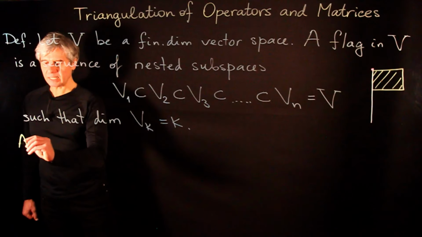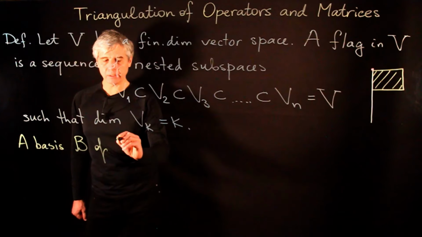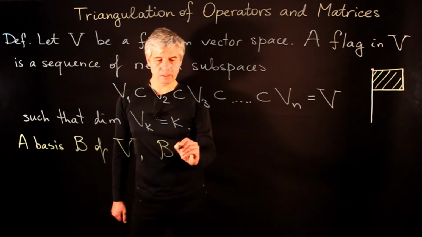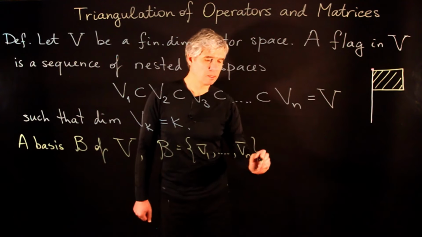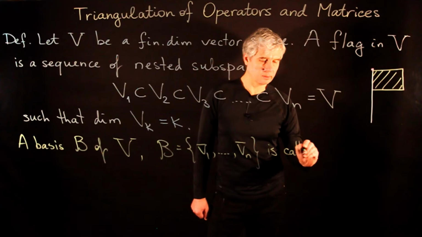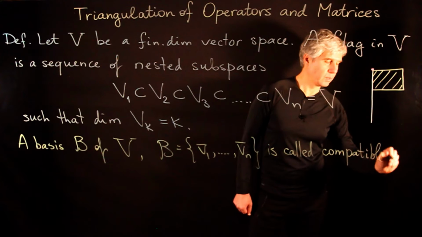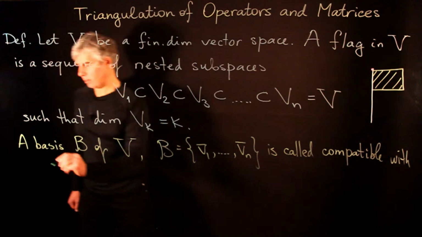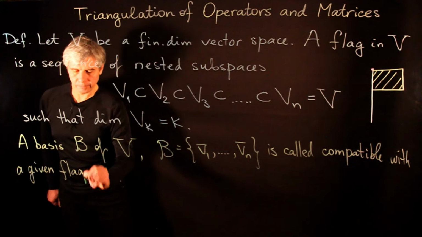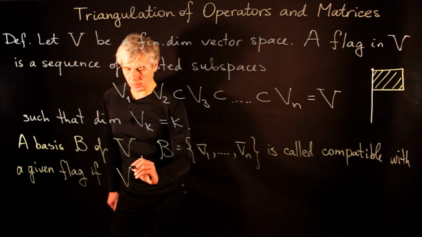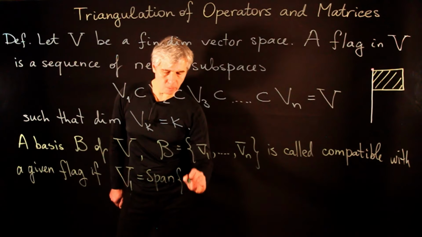We say that a basis B of vector space V, so B is the set of vectors V1 up to Vn, is called compatible with a given flag if the space V1 is the span of the vector V1.